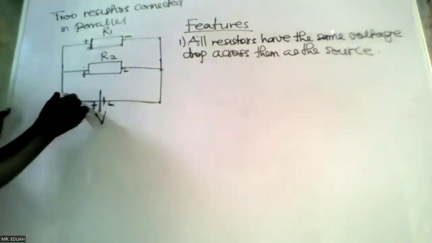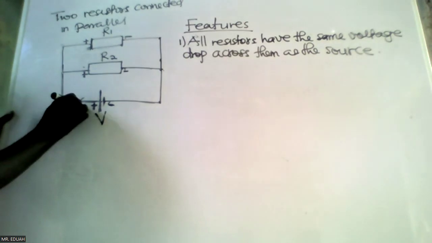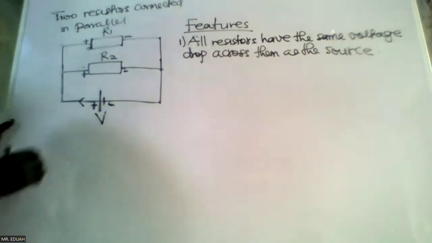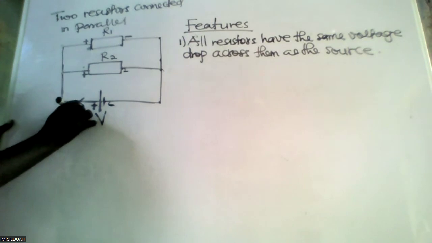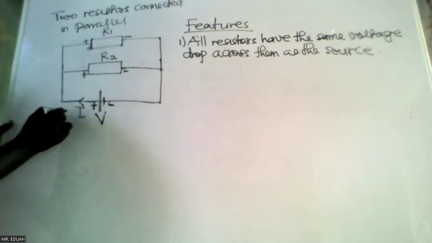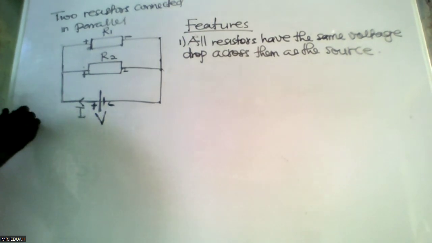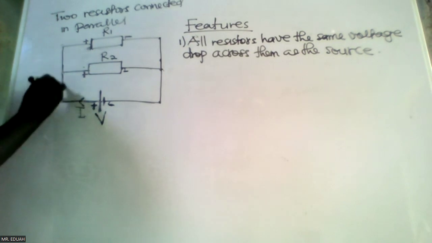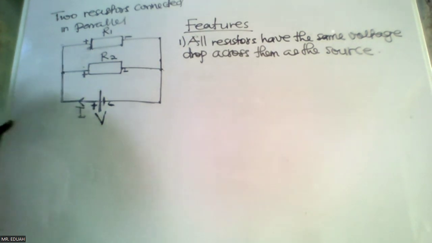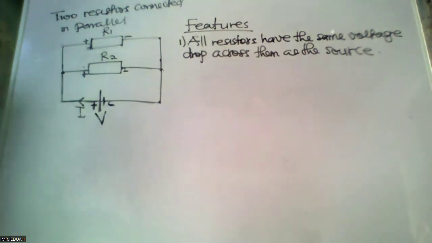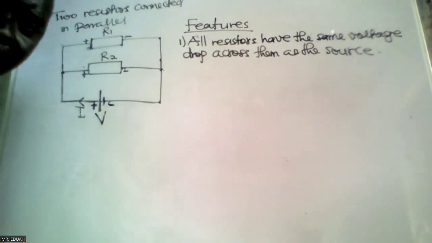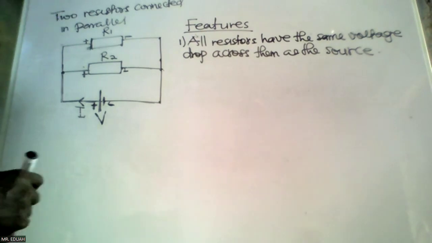Now, current flows from the source, and conventional current flows from positive to negative. When the current gets to this point, there is a junction. In an electrical circuit, a junction is a point where 3 or more wires connect.